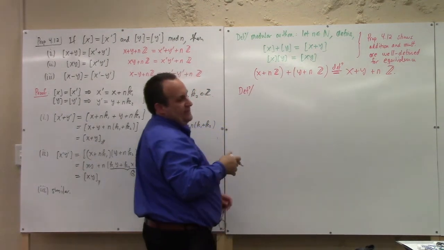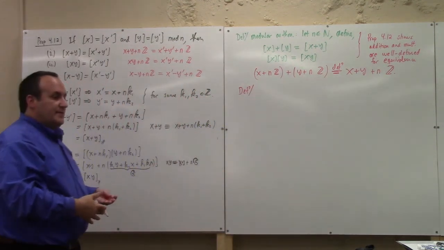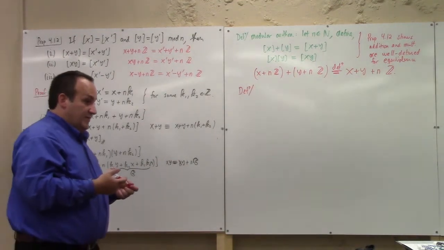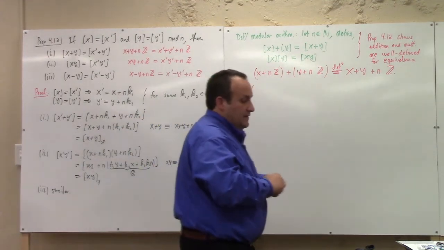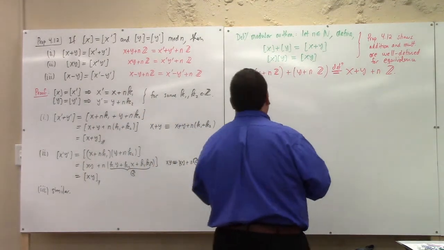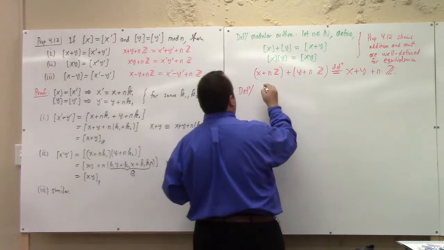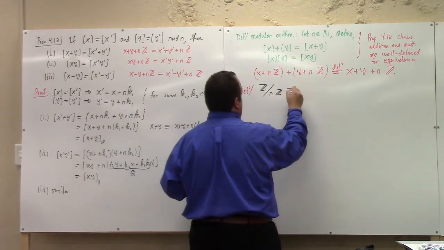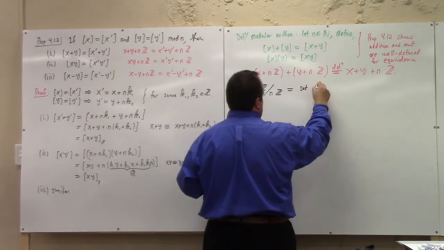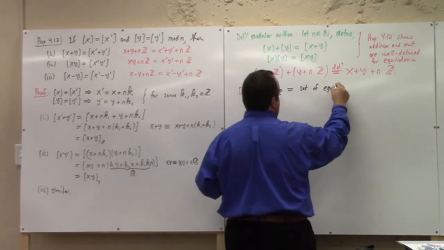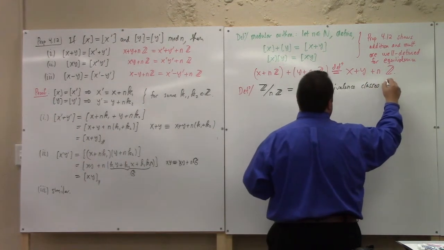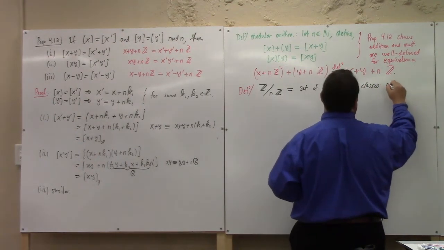So we've been using words, but I never actually came out and told you the notation for the set of equivalence classes, right? And so the notation is as follows: Z mod nZ. This is equal to the set of equivalence classes mod n.